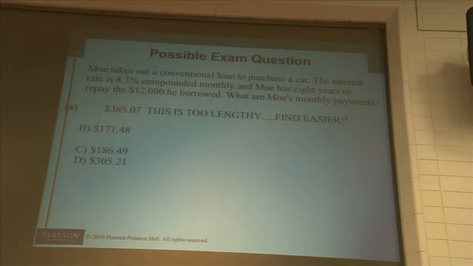The interest rate is 8.3% compounded monthly, and he has 8 years to repay the $12,000 he borrowed. $12,000 borrowed for 8 years. Find the monthly payments.